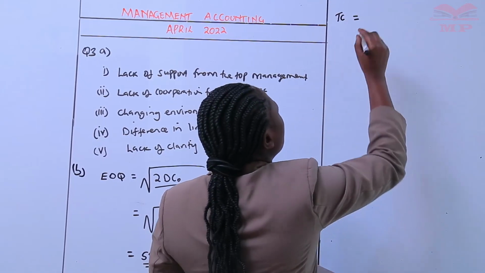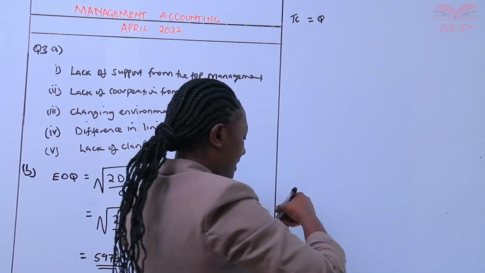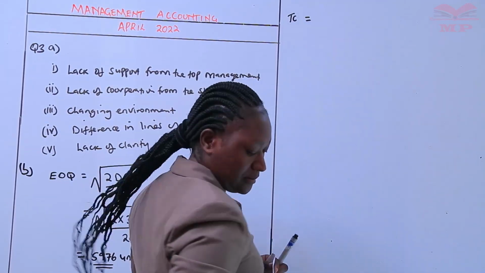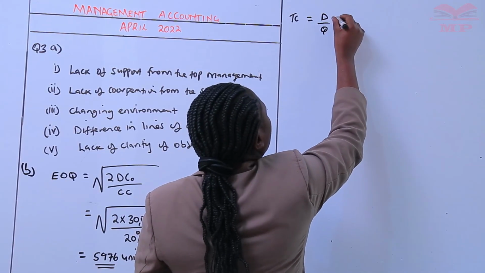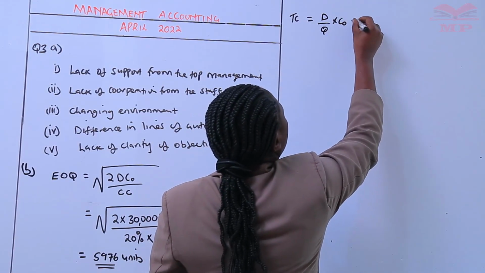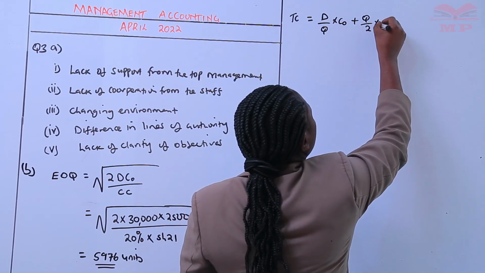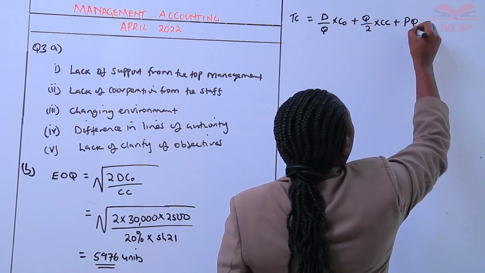Total cost equals annual demand. I'll give the formula: D over Q times CO plus Q over 2 times CC plus PQ.